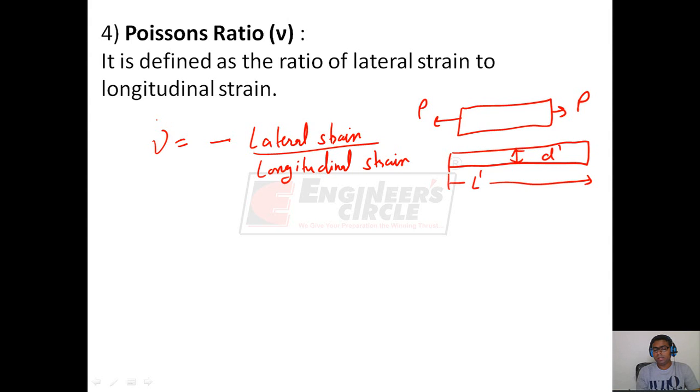So the new diameter is d dash and the original diameter is d.